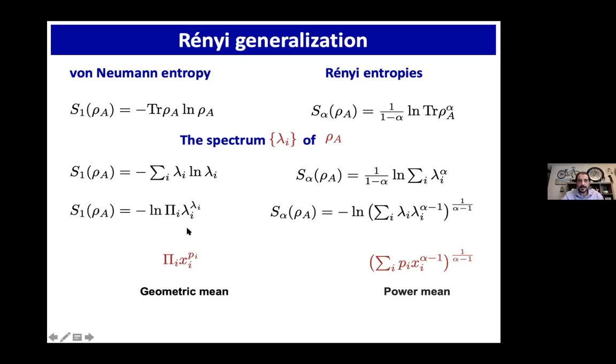So this suggests that generalizing the von Neumann to a Rényi entropy is basically turning a geometric mean into a power mean. And of course, when the power, alpha minus 1, goes to 0, the power mean becomes a geometric mean. Right. So with this idea, let's try to apply the same thing to the accessible entanglement.